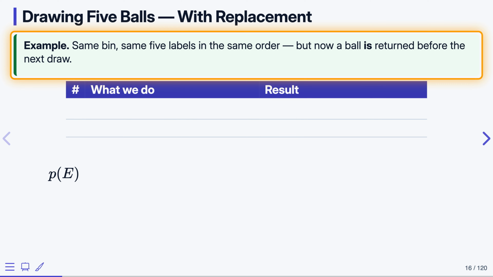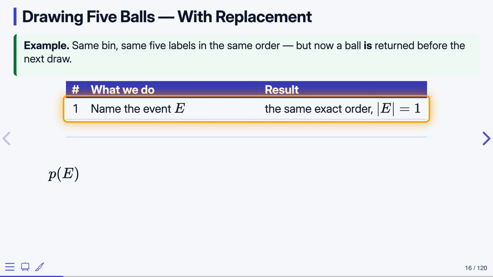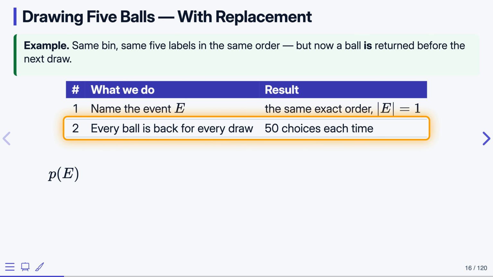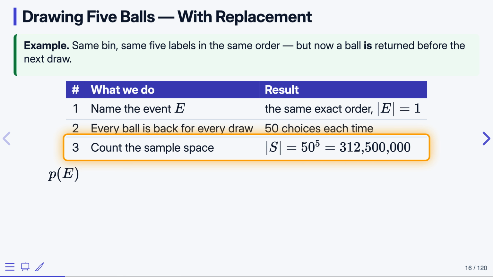Same question, but now each ball goes back into the bin before the next draw. Step 1. The event is unchanged. It is still that one exact order, so the size of E is 1. Step 2. Because every ball is returned, every draw has all 50 balls available. Step 3.